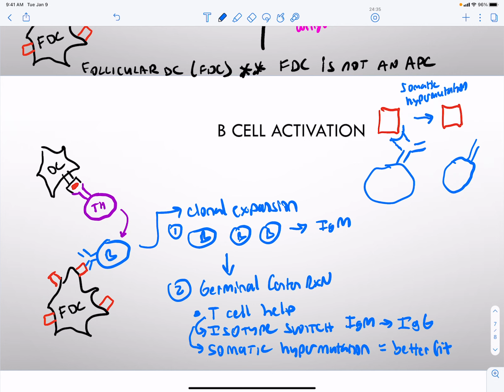That's a better fit. So the B cell receptor will be here, and it might look now like a point. So it fits that point better. So it's a better fit. So that's somatic hypermutation. Now, once you have these B cells, they can form memory or go to the bone marrow and be a plasma cell.